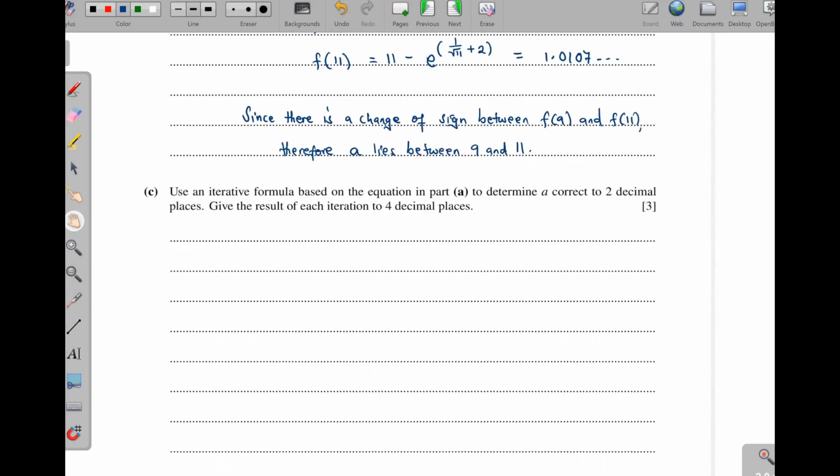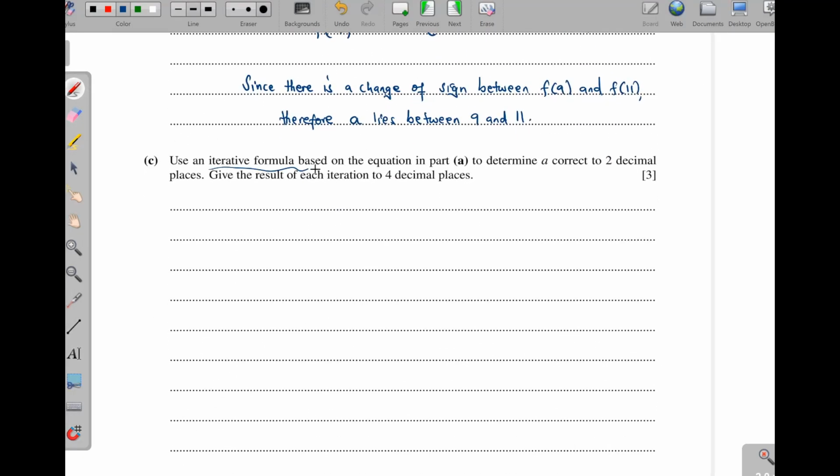Then part C, use an iterative formula based on the equation in part A to determine a correct to 2 decimal places. Give the result of each iteration to 4 decimal places. Now we need to find the initial approximation, and I've always recommended that you use the average of the two.